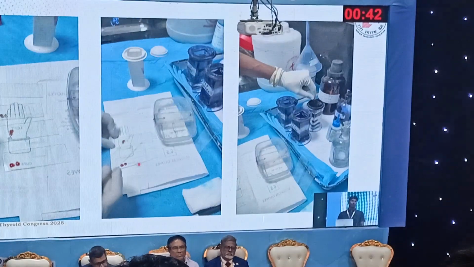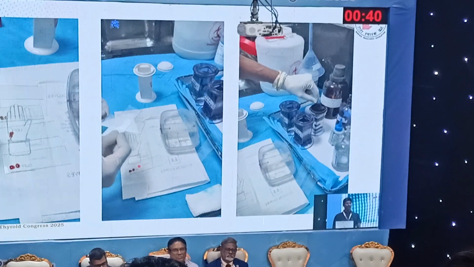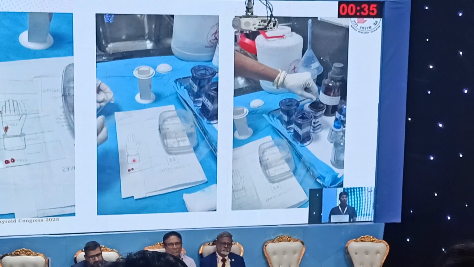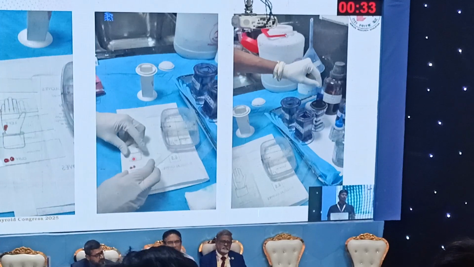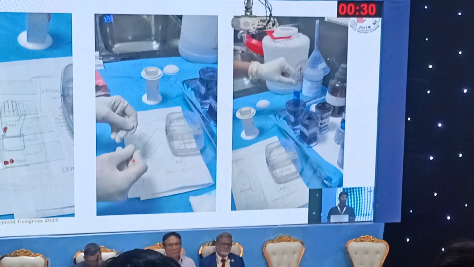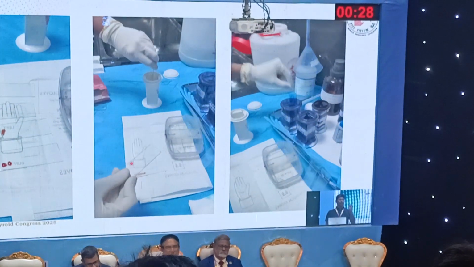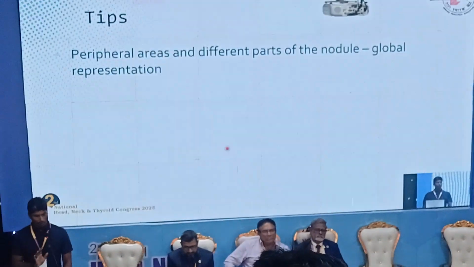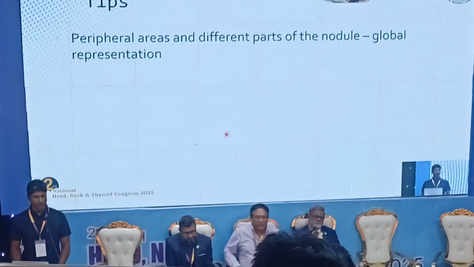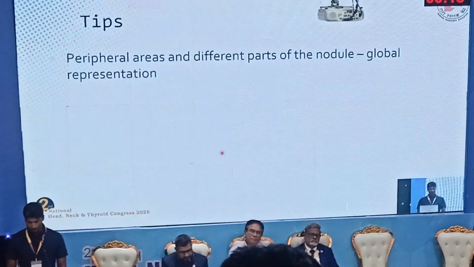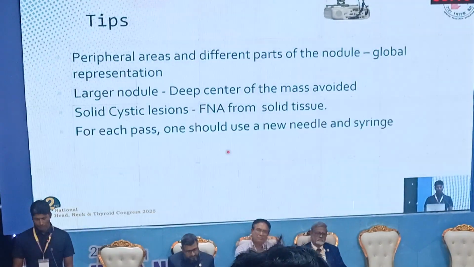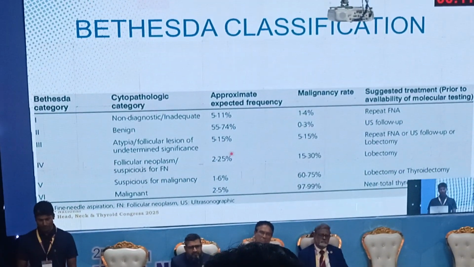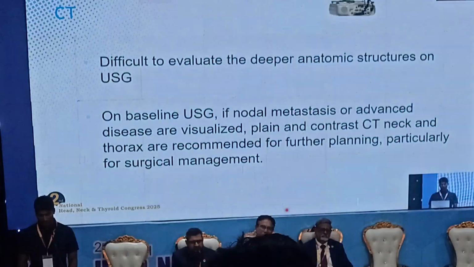And if the cytologist says that the sample is not adequate, we'll again repeat the sample, so that the false negative rate is very low. So when the cytologist says the sample is not adequate, we'll re-aspirate, and the cytologist writes it as an adequate sample and sends it for further analysis. So for all the FNACs we do this, rapid on-site examination. So again, targeting the solid component is important, and the Bethesda classification I will tell regarding this.